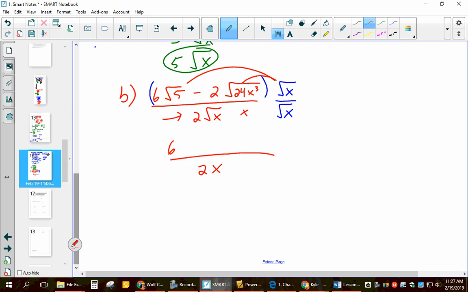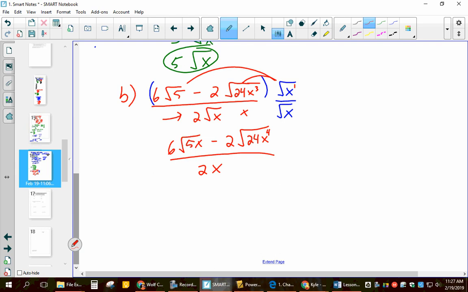Would that be just 5x? Square root of 5x. Remember, we're dealing with square roots. And then minus 2, and then this would just become square root of 24x to the 4 now, because that's x to the 1, x to the 3, so x to the 4.